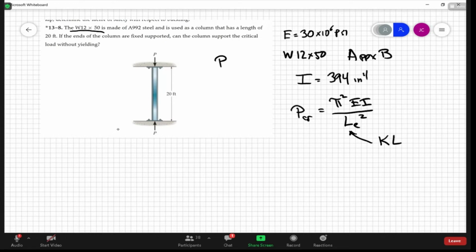So the first thing we need to do is identify what the end conditions are here. What would be the end conditions for this type of loading? If you have the book or the ebook in front of you, would it be fixed ends? Right, it's fixed on both ends.